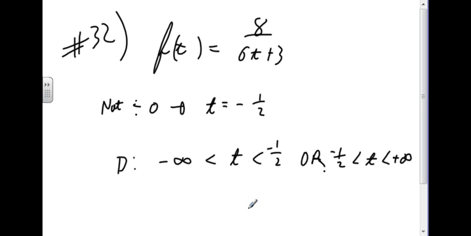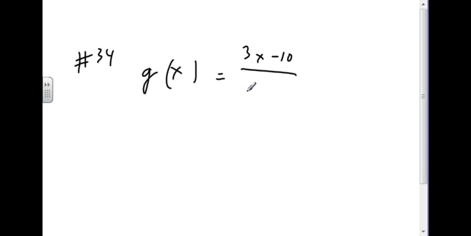All right. Looking at 34, g of x equals 3x minus 10 over x squared plus 4. Well, can I divide by 0? No, I can't.